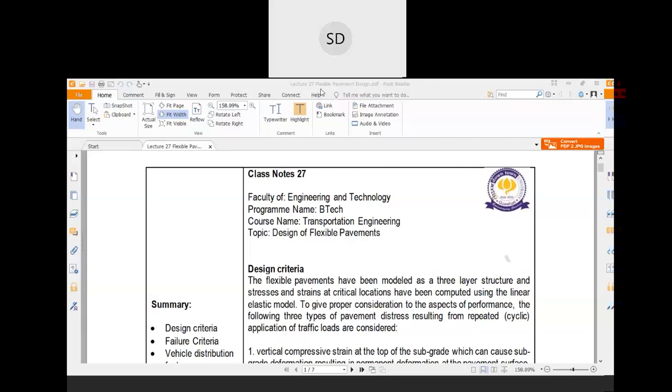Today basically we will discuss about very basic parts of the flexible pavement design.